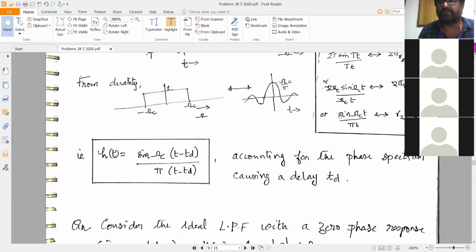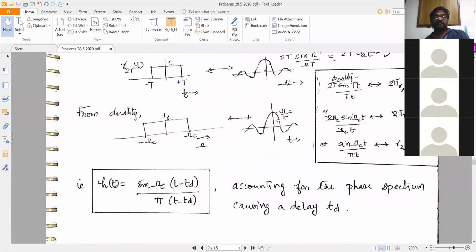So the value is just omega c by pi. There is no radian here. So the peak value is omega c by pi, and it oscillates, and the amplitudes of the side lobes decrease as you move from the origin to plus infinity and to minus infinity.